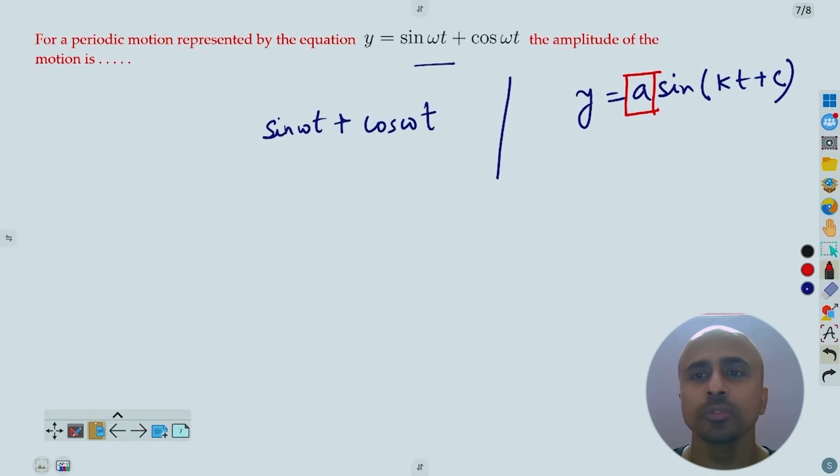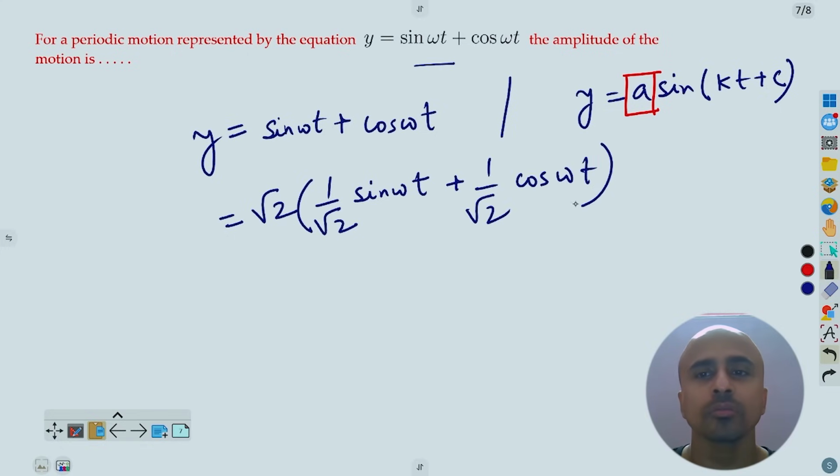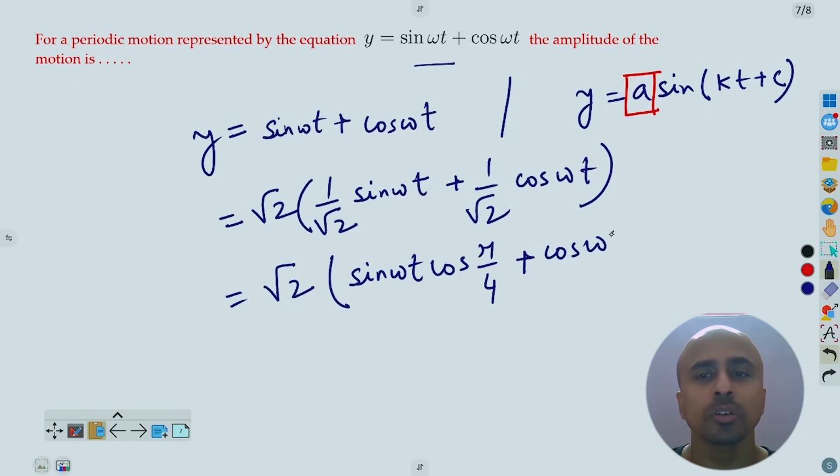Now in this case we have the equation y equals sine omega t plus cos omega t, and we know that this can be written in this way. This is basically sine omega t cos pi by 4 plus cos omega t sin pi by 4, times root 2.